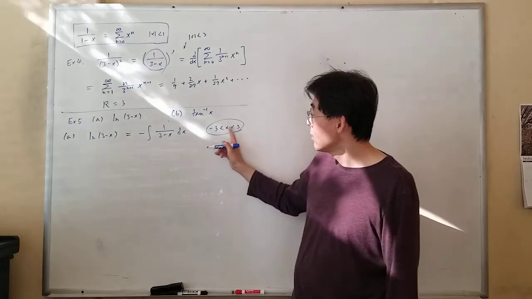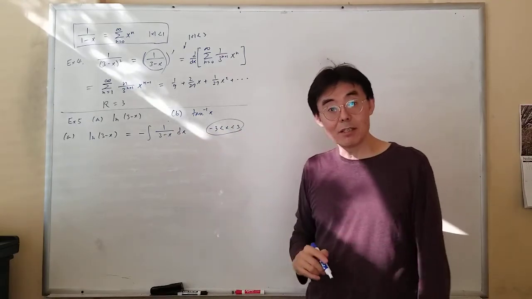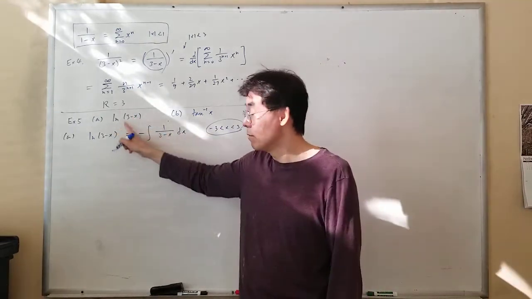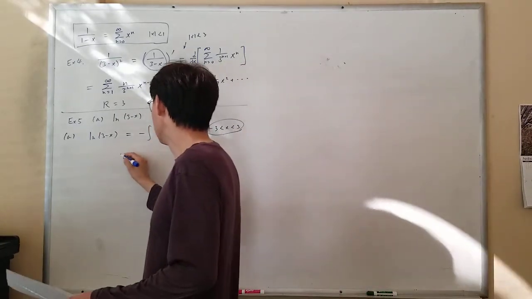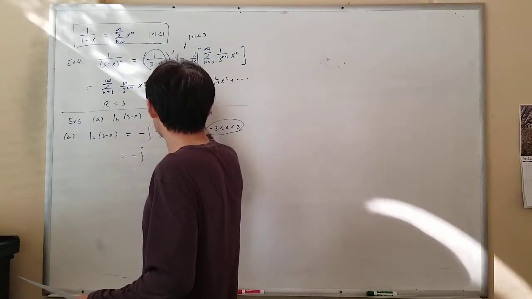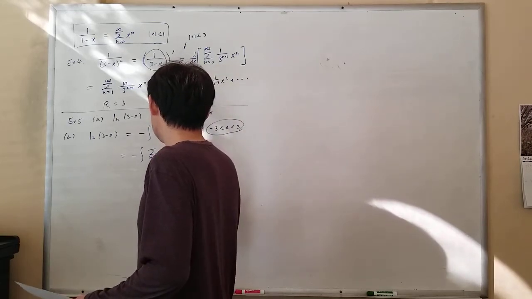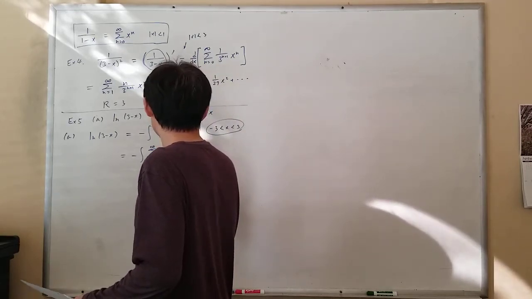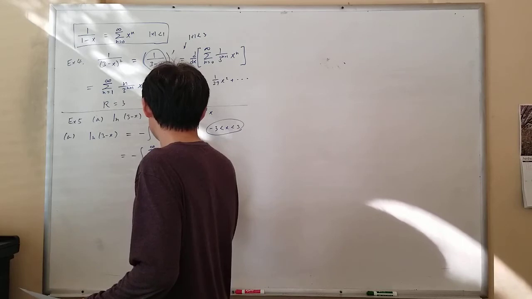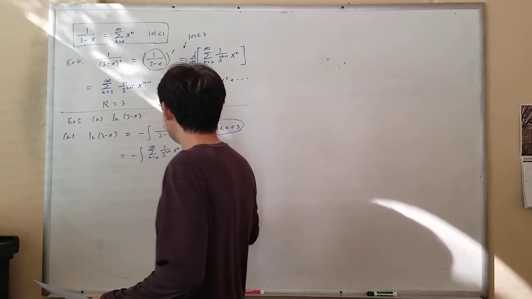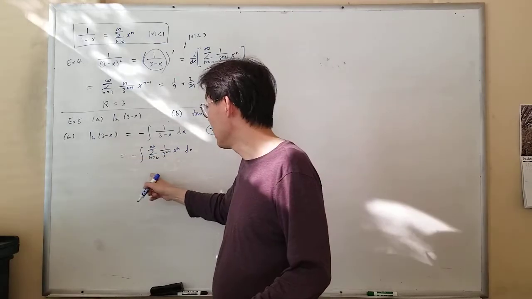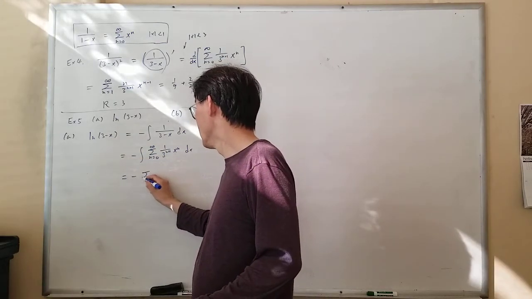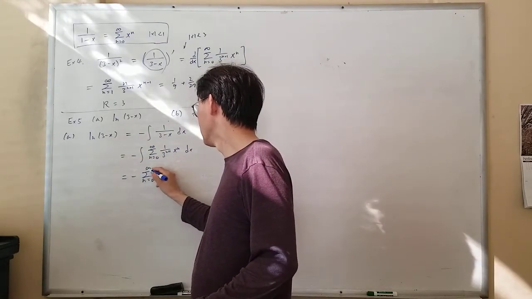So when x is here, 3 minus x is positive, so we don't need the absolute value sign there. Then, the power series representation of an antiderivative is obtained by term by term integration.